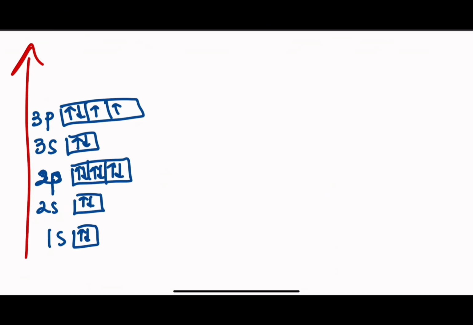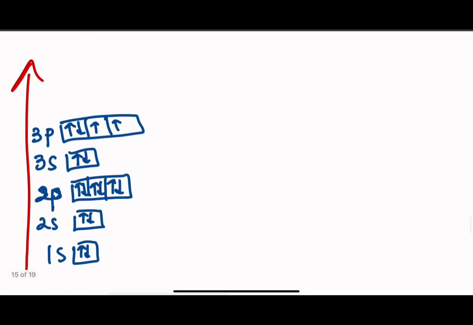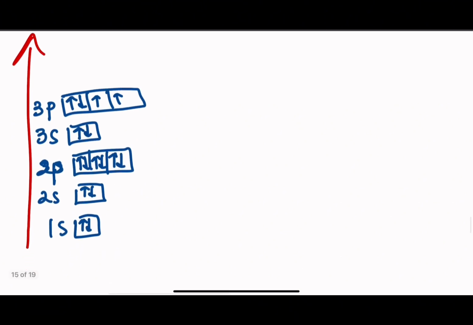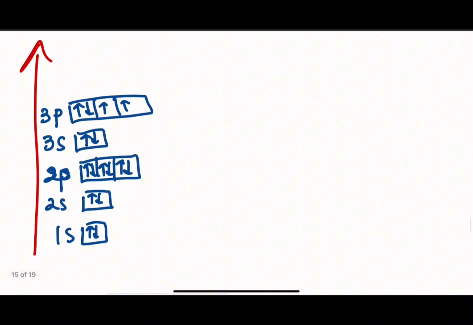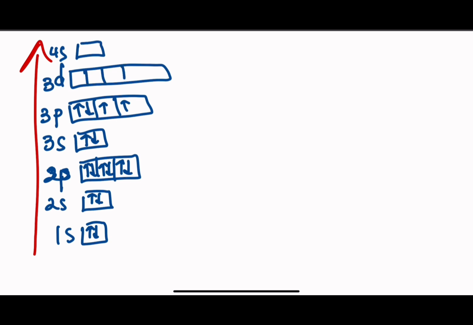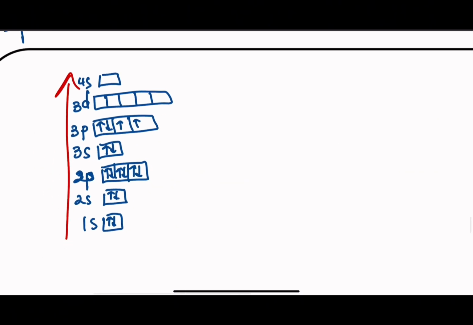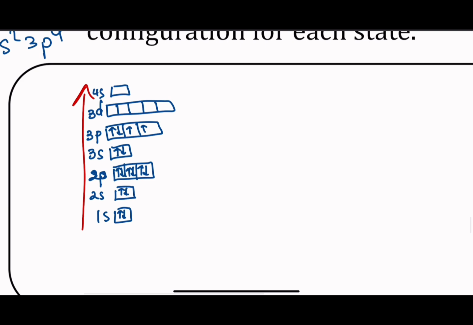Now I told you that in normal state we put 4s after 3p, but for excited states, we're going to write 3d first, and then we write 4s. Okay, 1, 2, 3, 4. So now this one is the normal state.